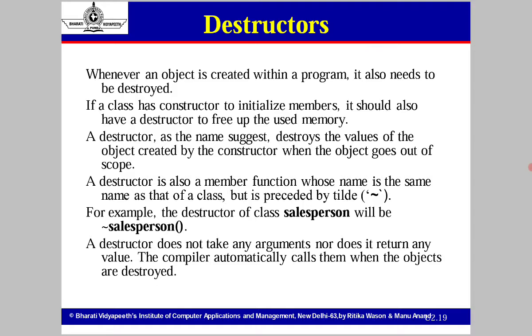Whenever we create an object or a constructor, it also needs a destructor. If a class has a constructor to initialize members, it should also have a destructor to free up the used memory. Generally, destructors are used to destroy the values of the objects created by the constructors in the C++ program.